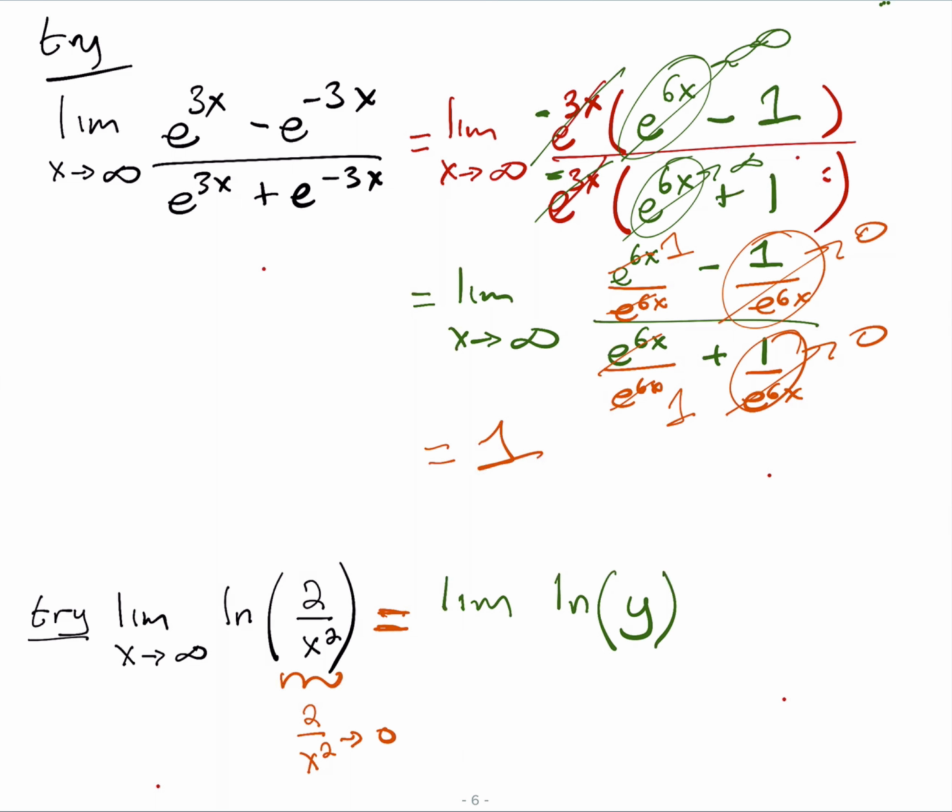All right. Okay, question. Since 2 over x squared approaches 0, is this the same as writing the limit as y goes to 0 of ln of y? Yes, no, maybe, or almost?